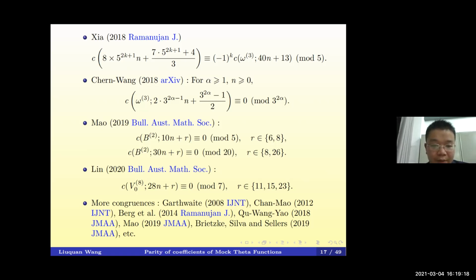And Bernard Lin studied the 8th order mock theta function V0(q) modulo 7. And there have been more congruences on coefficients of mock theta functions, but I cannot list all of them here. So you may see the papers listed here and some references in their papers.